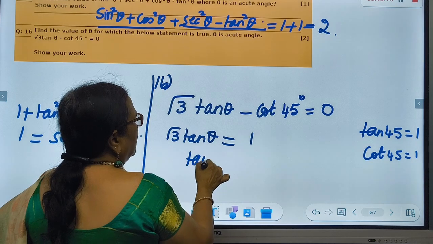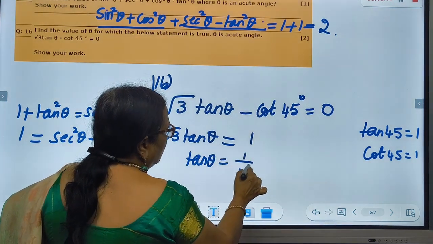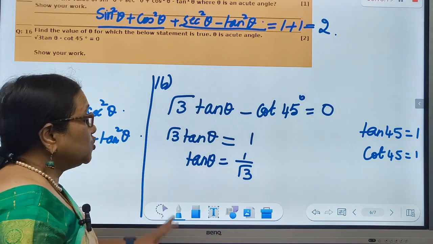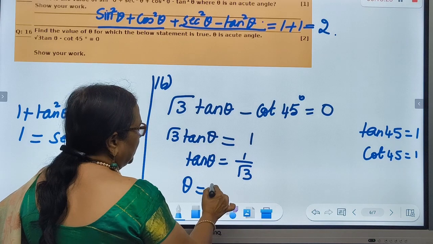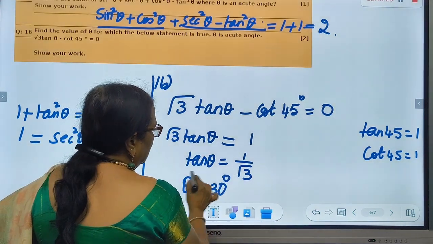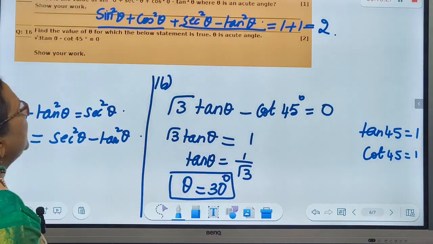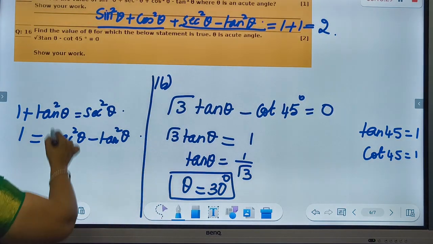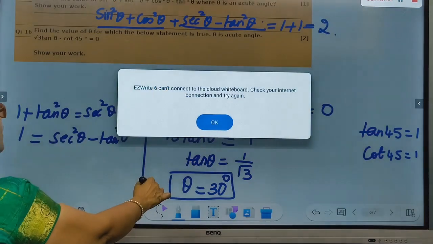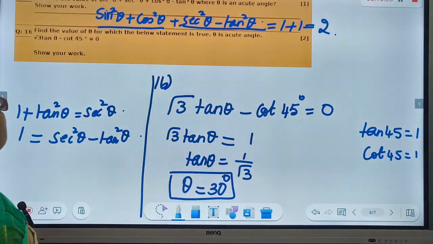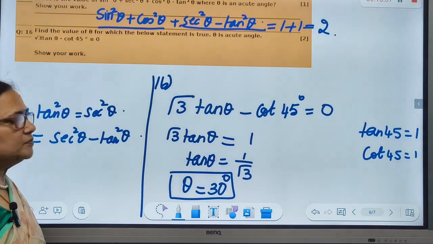So, tan theta is equal to 1 by root 3. You know for which value of theta tan theta is 1 by root 3? Theta equal to 30 degrees. So, when theta equal to 30 degrees, root 3 tan theta will be equal to cot 45. So, this is the answer for the last question.